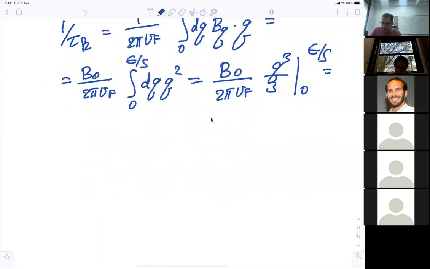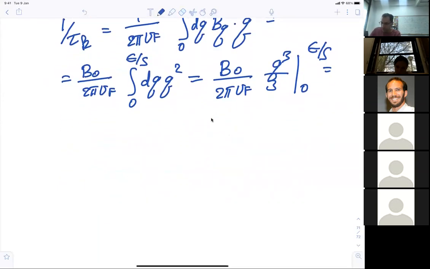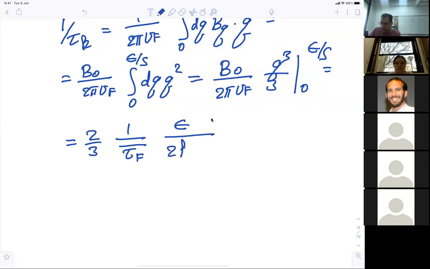This will be equal to 2/3 over 1 over tau Fermi nominal, epsilon over s k Debye cubed.